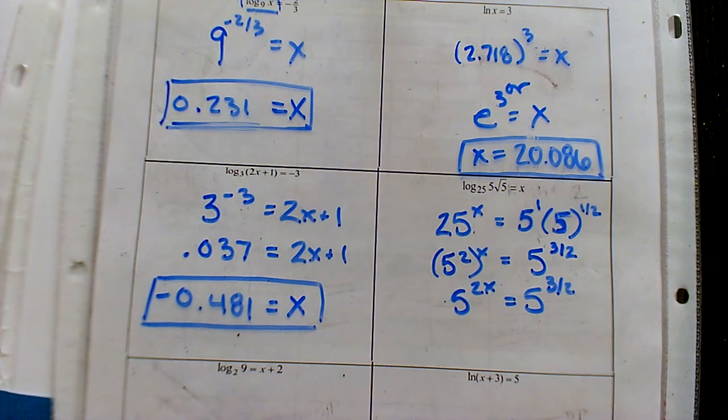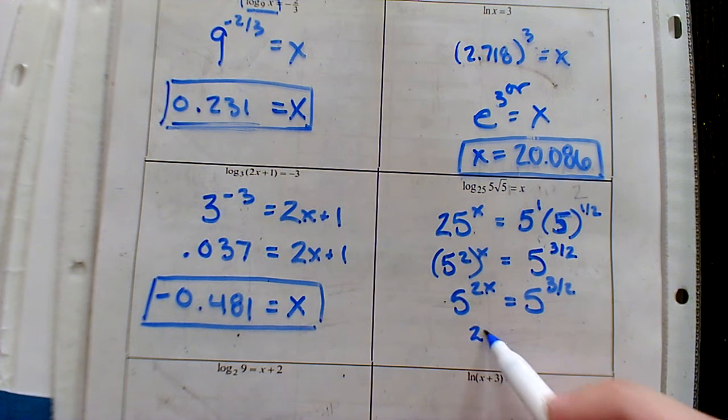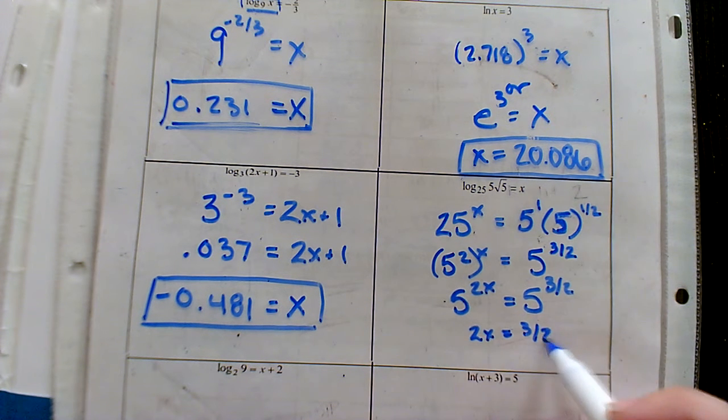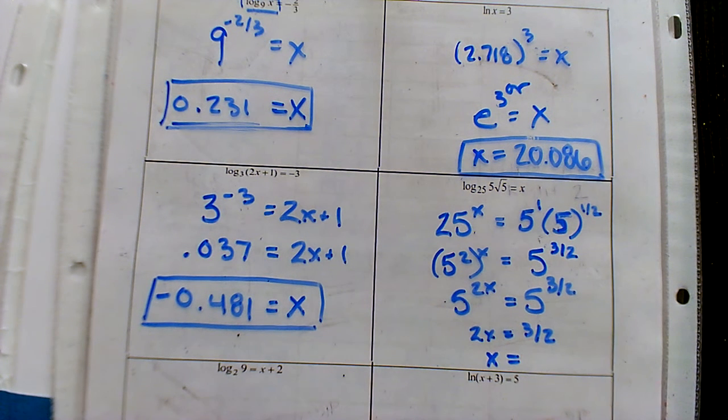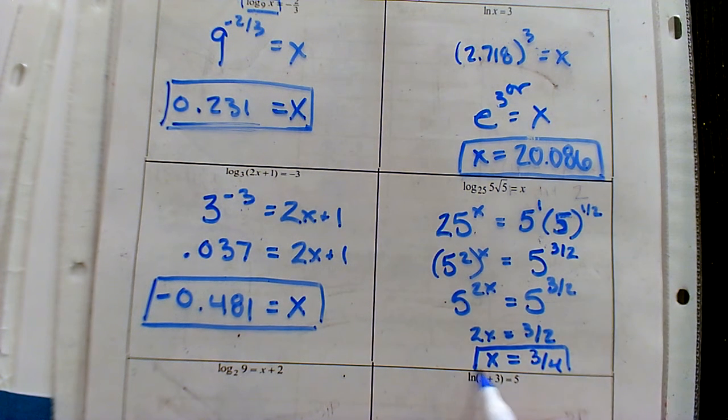So now that we have a base of 5 on the left and a base of 5 on the right, we can simply set the powers equal to each other. And let's see, 3/2 divided by 2 would end up being 3/4. All right. Now let's check our answer.